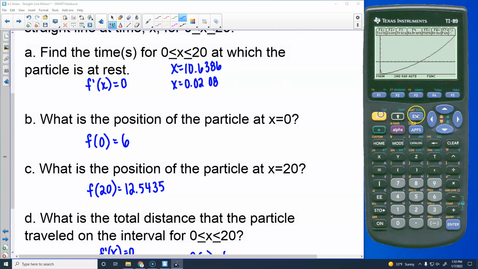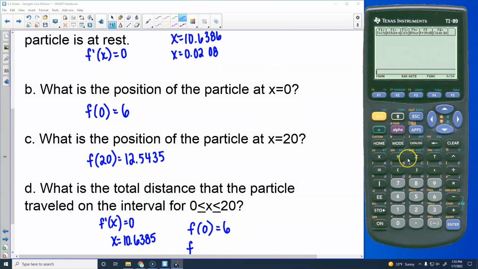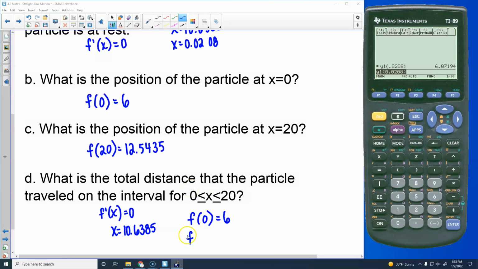So if I go back to my main screen, I can just do y1 of 0.0208, and it should give me this value. So f of 0.0208 is 6.07194.